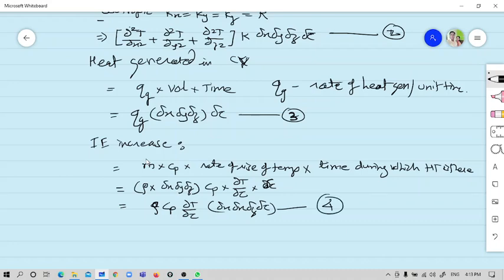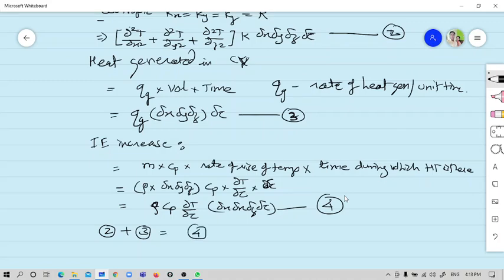Now we have all these equations here, and I can equate them. Heat accumulated because of heat transfer is given by equation 2, heat generation is given by equation 3, and the increase in internal energy is given by equation 4. So I can equate: equation 2 plus equation 3 will be equal to equation 4.